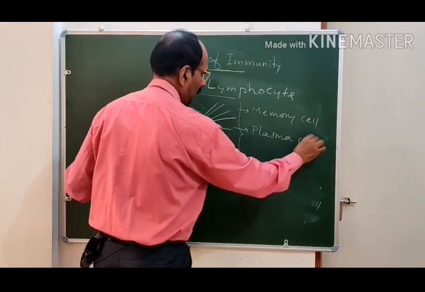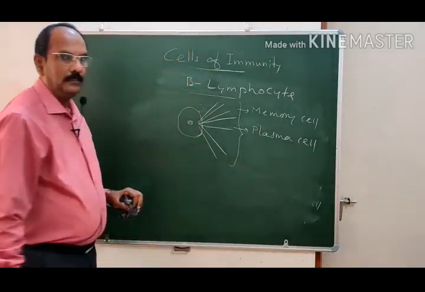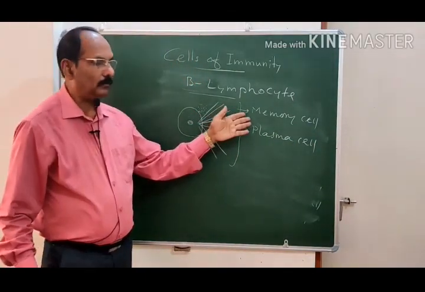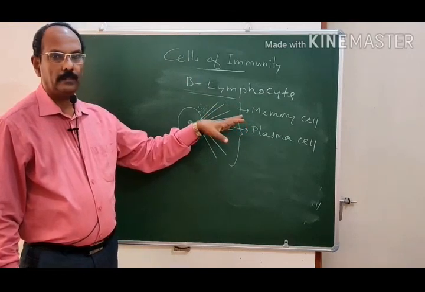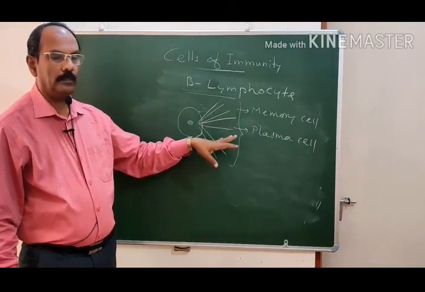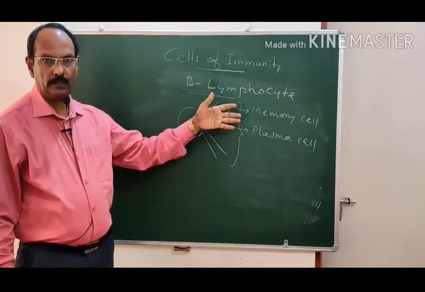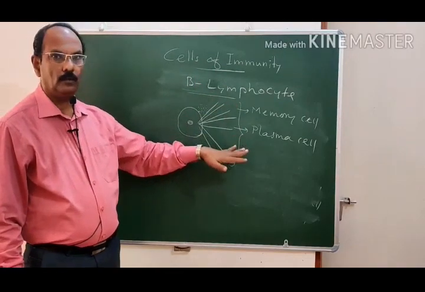Here the plasma cell is very important. The memory cell helps to remember the microorganisms and helps to protect the body from further attack by this microorganism, and it remains in the body for a long time.